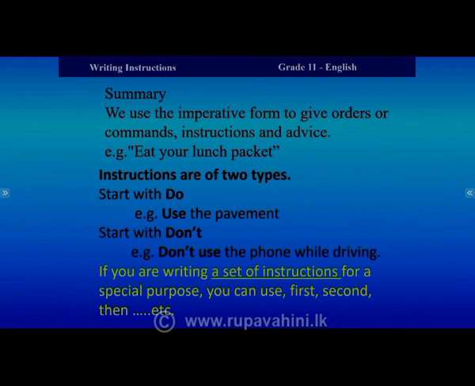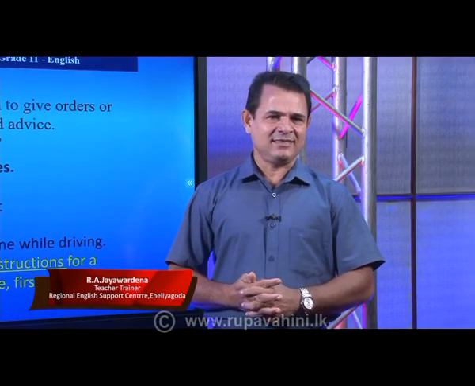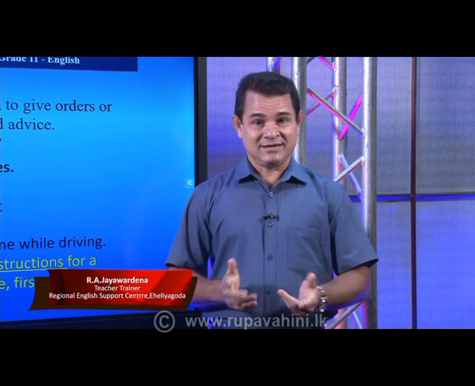So if you are aware of those words, you can easily find the order with the help of those first, second, that sort of words. So then I hope that you got a clear idea how to write instructions, and also you will follow instructions clearly. And if you get a question in this type, I think you will do it with confidence.